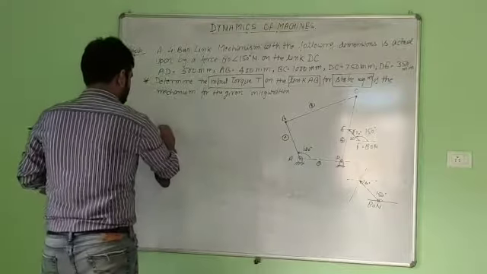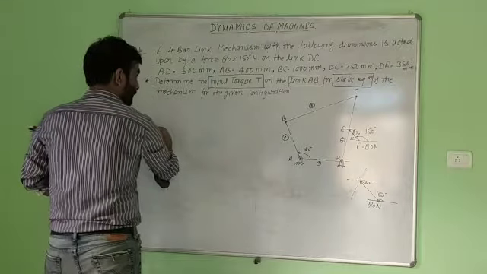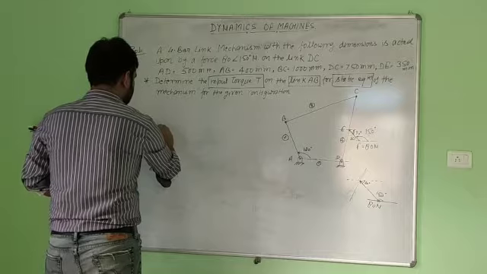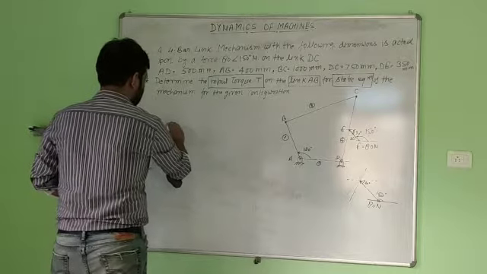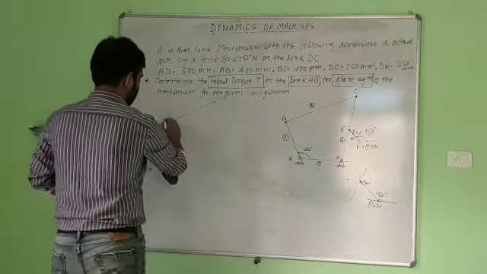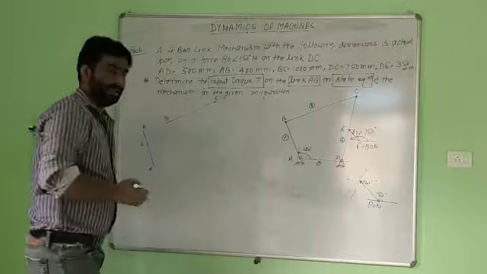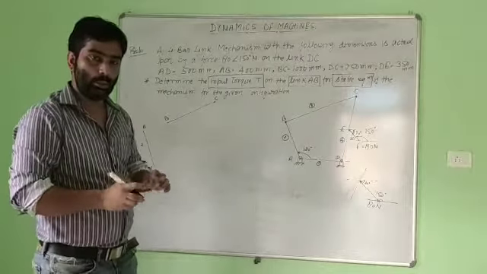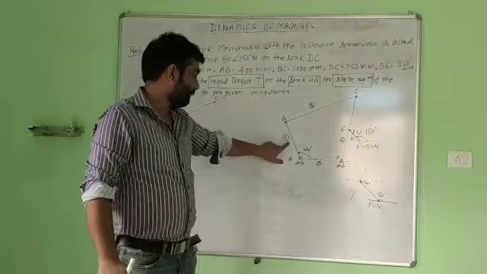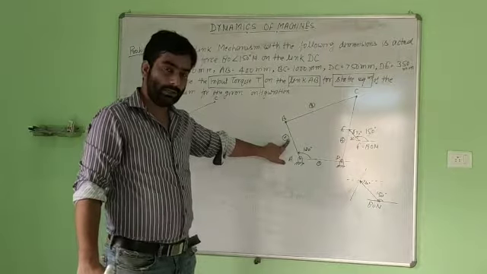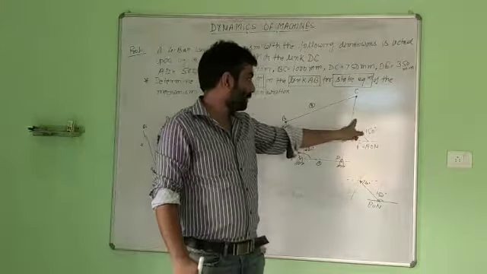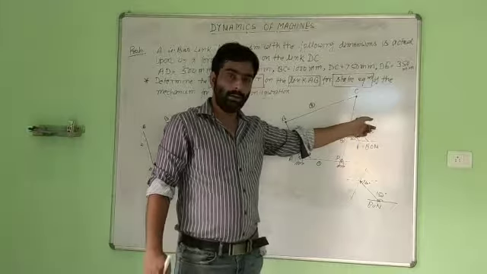Now draw link BC. Draw the same BC link. BC link will be subjected to two forces. One force will come from link number 2 and one force will come from link number 4.